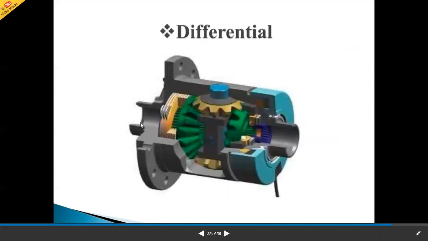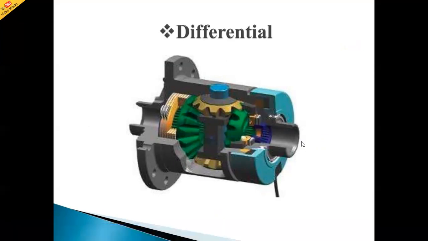If we see the differential, this is again one of the components of the transmission system. If we observe the gears, the yellow and green parts are the gears, and these gears are bevel gears. The main feature of the bevel gear is that it is able to transmit rotation at 90 degrees.